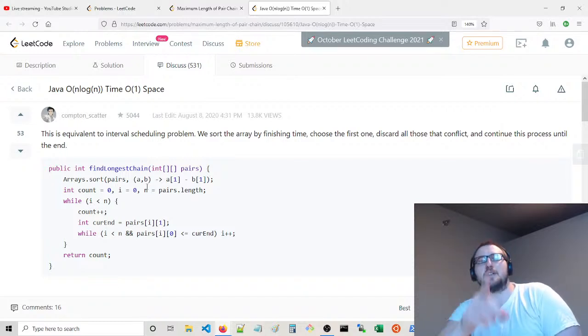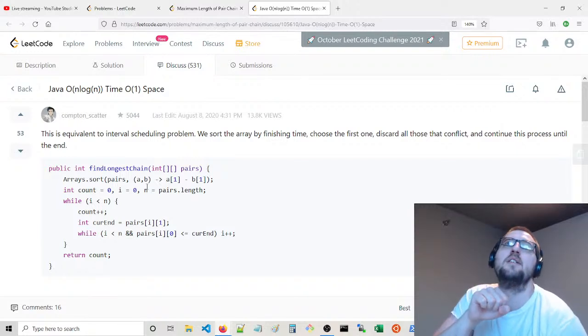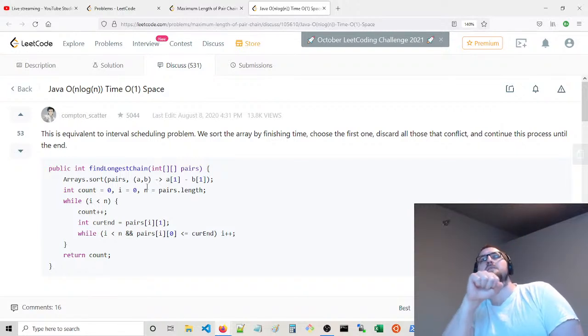That's ending time. That's exactly how to express it, right? Find the next disjoint interval with the smallest ending time. That's the greedy algorithm.